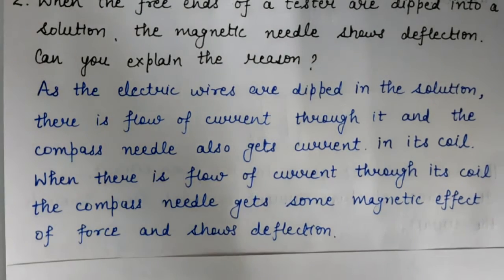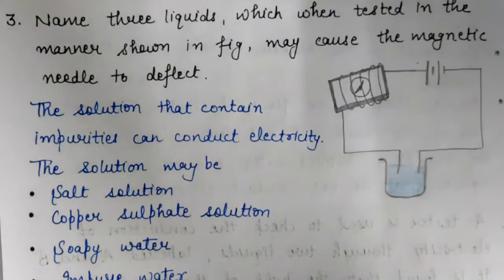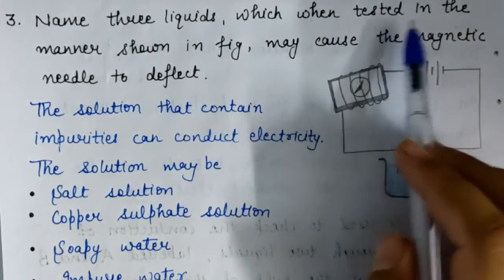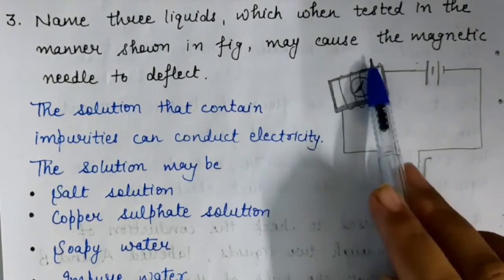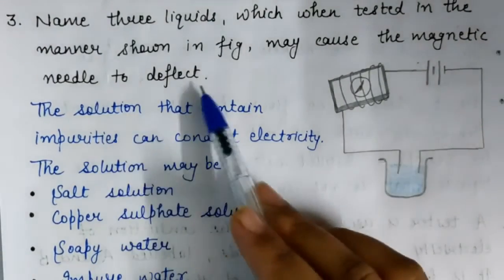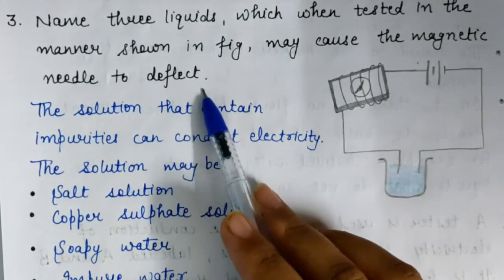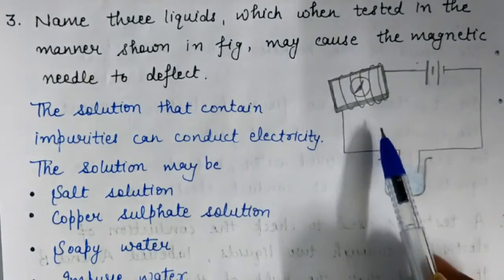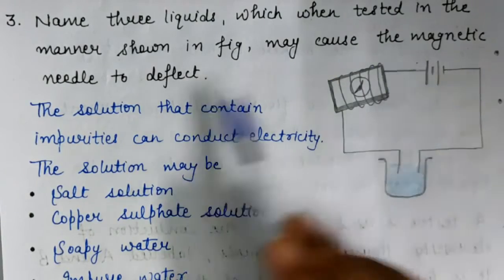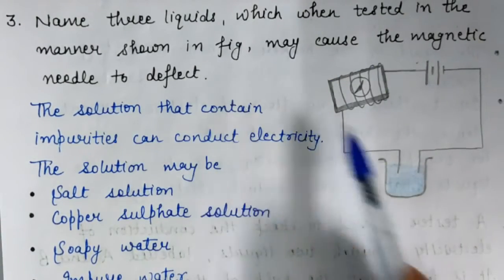Okay. Now question number 3: name 3 liquids which when tested in the manner shown in the figure may cause the magnetic needle to deflect. Means you have to write the names of 3 liquids which cause the magnetic needle to deflect.